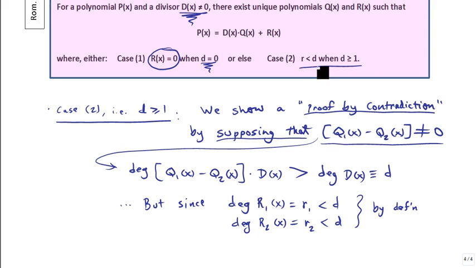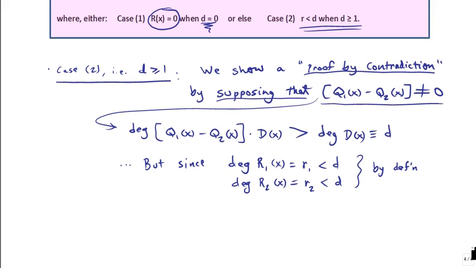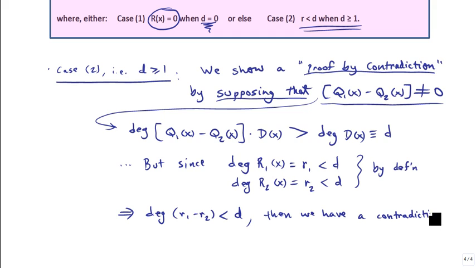All right, we're in that case. So when that happens, that means that the degree of the R1 minus the R2 has to be strictly less than d. All right. Then we have a contradiction by star 2.